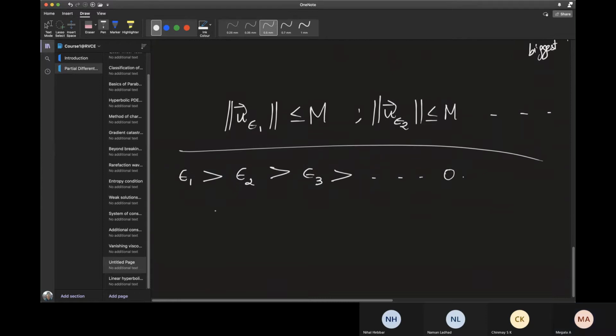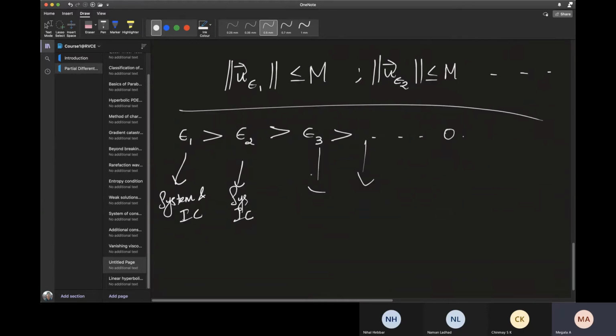Let's just say this. So for this epsilon, you'll have a system of PDE along with some initial conditions. For this as well, you'll have the same thing, system with initial conditions. For each of the systems, each of the epsilons, you'll have different system and initial conditions.